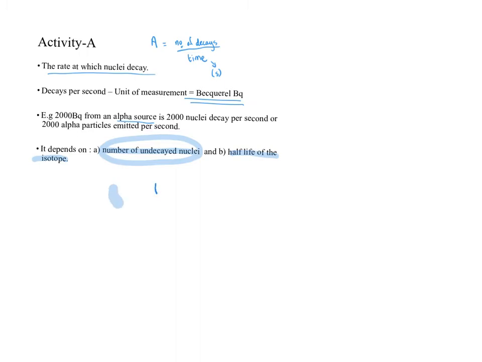At time 0 we have N undecayed nuclei, then we can assume that in an interval of time delta t, the number of nuclei disintegrating, so decaying, should be directly proportional to both the number of nuclei present and the time. So we assume that delta N is the decayed nuclei.